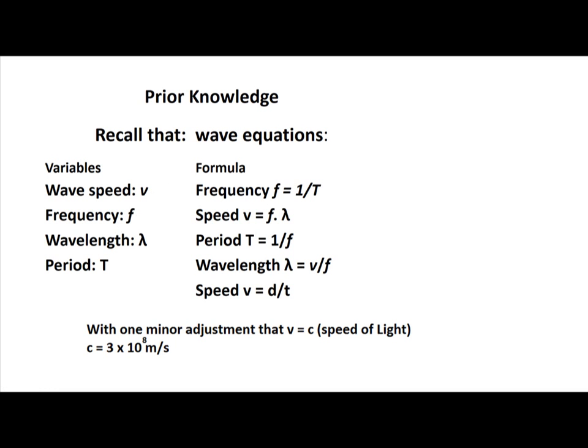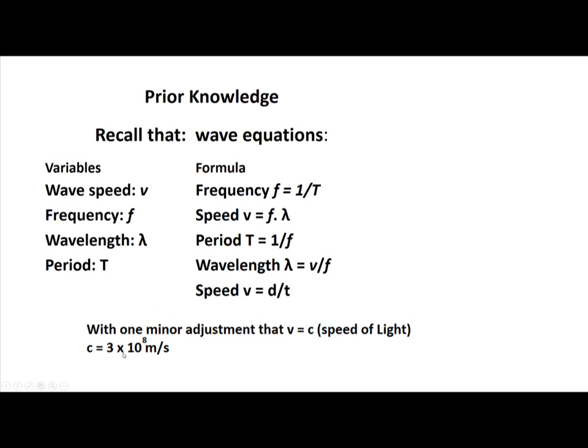For example, we talk about the frequency of an electromagnetic wave, we talk about the speed, we talk about the period, we talk about the wavelength of an EM wave. There's one minor adjustment: the speed of the sound wave is much smaller. With the electromagnetic wave, the speed is very high.